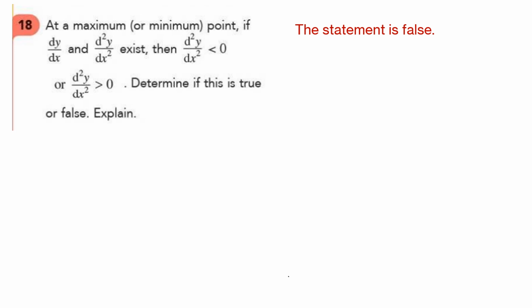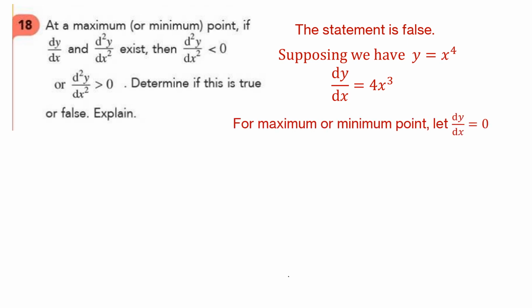So the example I'm going to give is, supposing we have this curve y equals x to the power 4. You can give any other curve, not necessarily the same as mine. If I differentiate it, I get dy over dx equals 4x cubed, and I can differentiate it again. For the maximum or minimum point, I let dy over dx equal to 0, and I get x equals 0. I differentiate dy over dx again to get d squared y over dx squared equals 12x squared.